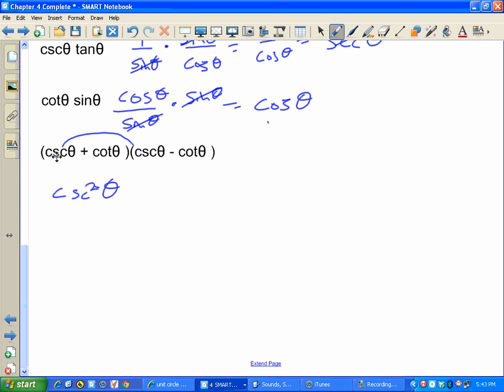And then I'd have cosecant theta minus cotangent theta. So it'd be minus cosecant cotangent. Then I have plus cosecant cotangent. And then minus cotangent squared. These two are going to cancel because they're identical and one's positive, one's negative. So I've got cosecant squared minus cotangent squared.